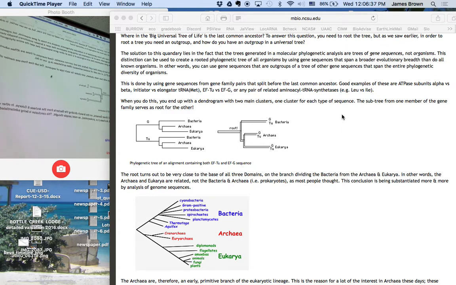So what if you make a single alignment that contains EFG and EFTU sequences from different kinds of creatures? You will create a single tree, a universal tree, of both proteins together. And that tree will look something like this. It will be splayed out like this if you looked at them as a dendrogram.